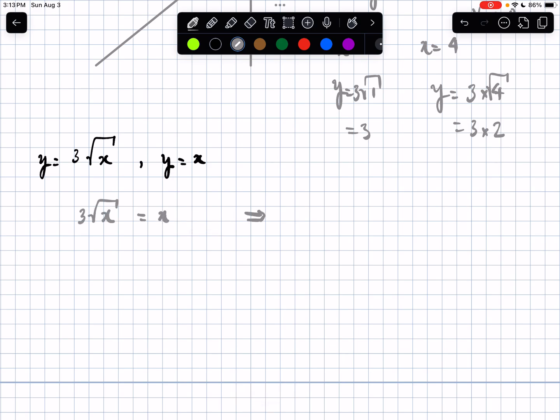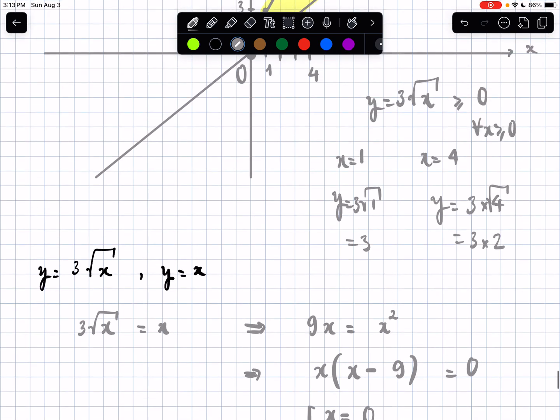We square both sides: 9 times x equal to x squared. Then x squared minus 9 times x, so x times (x minus 9) equals 0. So x equal to 0 and x equal to 9. So x1 is 9.